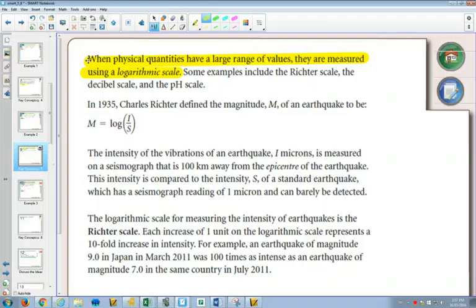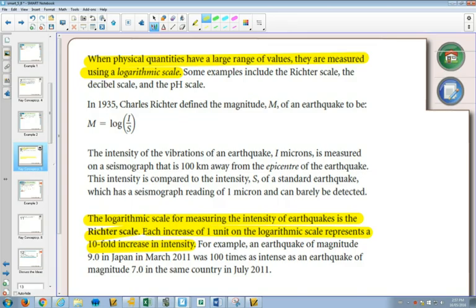And what that logarithmic scale does is every time that you increase something by 1, okay, so the Richter scale is measuring earthquakes, and each increase of 1 unit means that it's 10 times more intense.